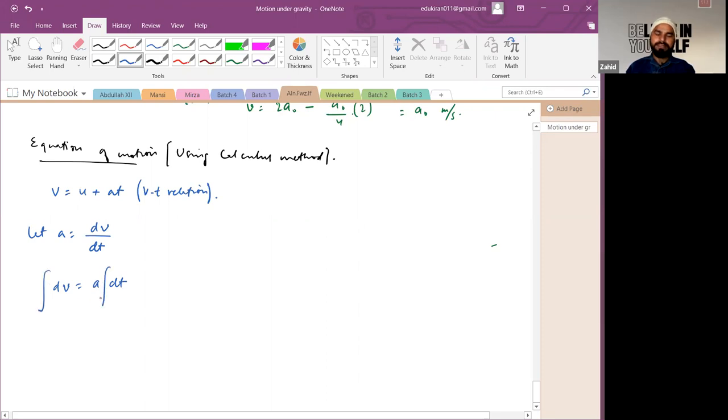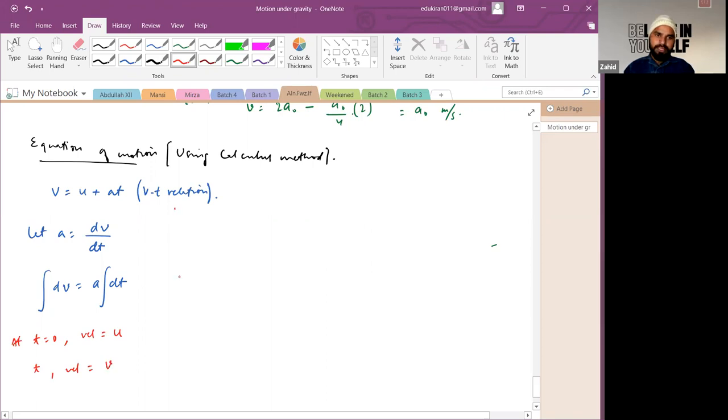Integration. Now to define this particular integration, we have to take limits first. At t is equals to 0 or initial time, velocity of body will be u, and at some later time t, velocity would be equals to v.